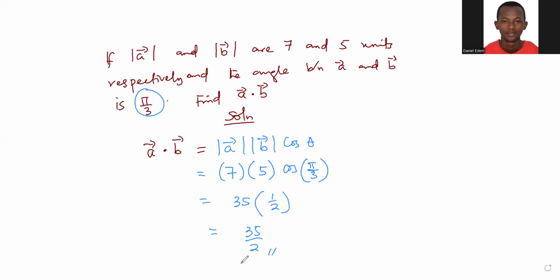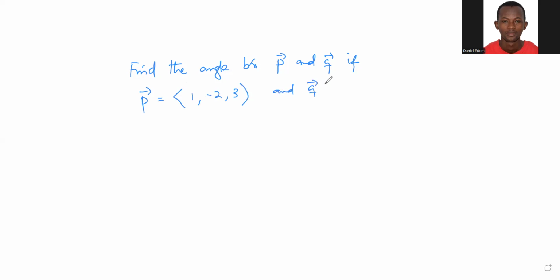All right. So let's take another question. Find the angle between vector P and Q if your vector P is given as this and vector Q is given as this.